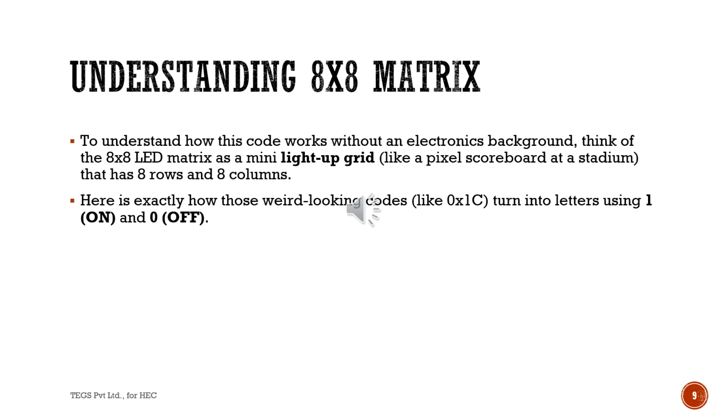Understanding the 8 by 8 matrix. To understand how this code works without an electronics background, think of an 8 by 8 LED matrix as a mini light-up grid. Here is exactly how those weird looking codes turn into letters, using 1 for on and 0 for off.